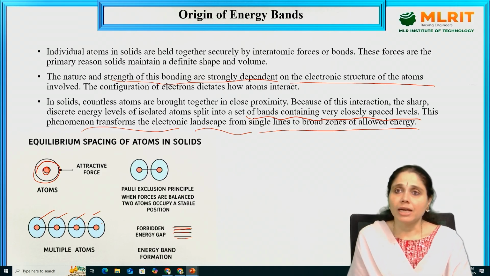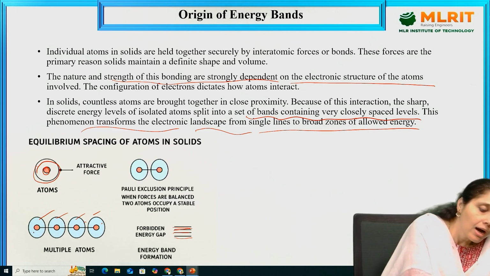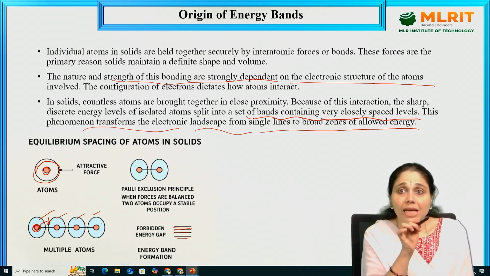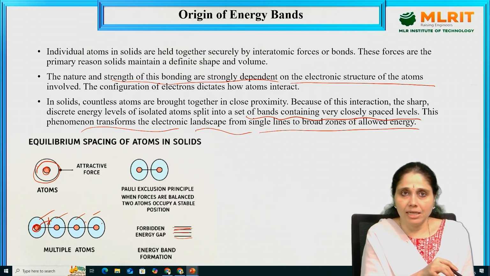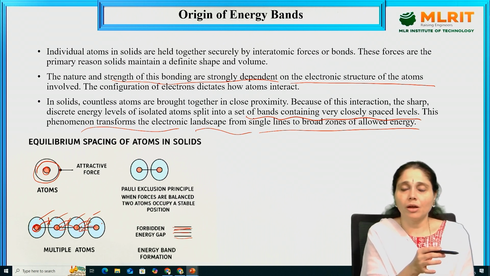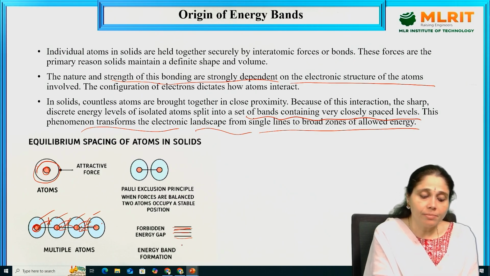When these atoms come close together, the nucleus of one atom attracts the orbitals of another atom, and so on. This will attract this one, this will attract this one, and so on. Due to this attraction of orbitals by the nucleus, we are going to have the energy bands.